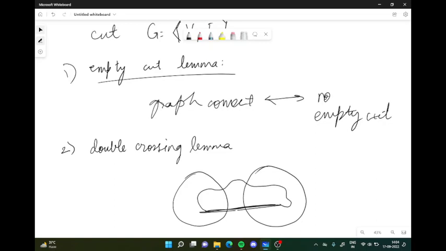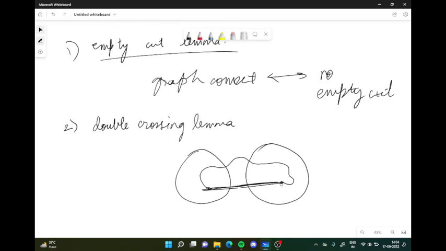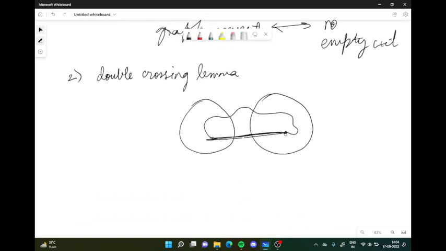And so the point is, only then will a cycle be complete. So double crossing lemma is, for every cycle, if there is one edge which crosses the cut, there must be another edge that is crossing the cut too.